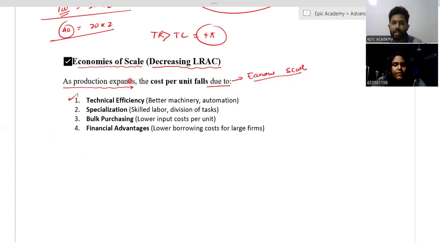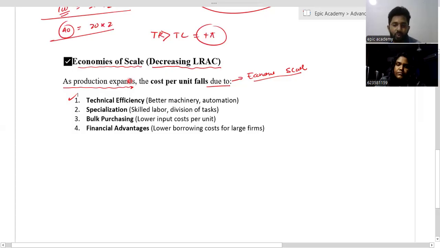Okay, technical efficiency, better machinery. You are going to produce goods and services by using better machineries, which use less power and produce more commodities. That's the meaning of better machineries. And automation, without involving workers in the production process. Automatic production, so there is no need to worry about the time period.